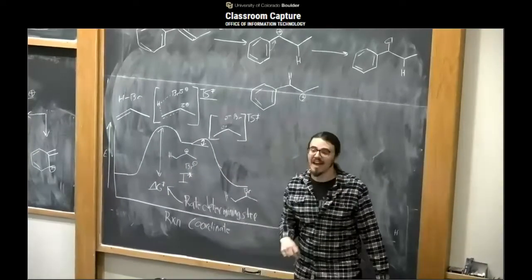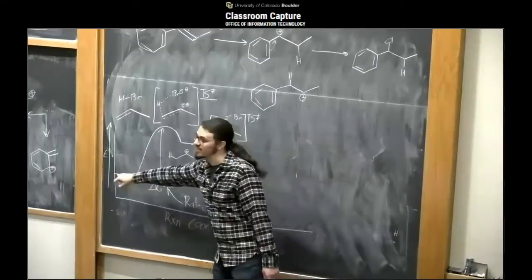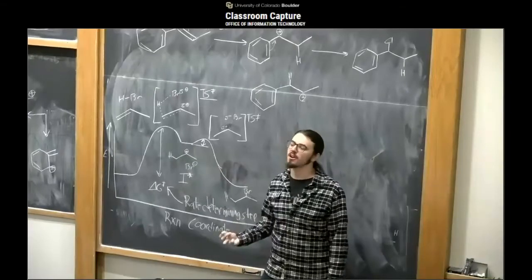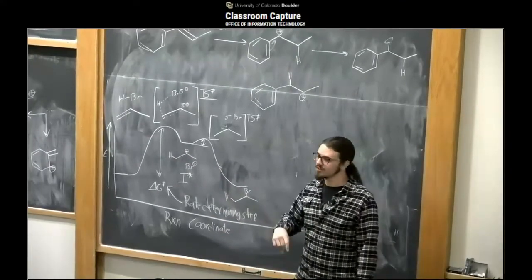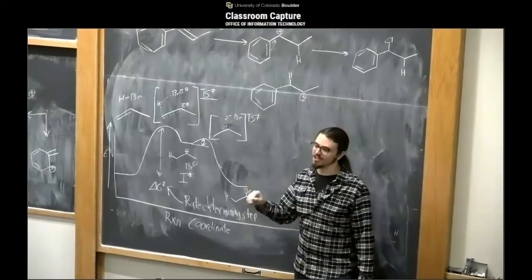So when you're thinking about the actual rate for this entire reaction, it is more or less governed by just the rate of the first step. Because the barrier for the second step is so much smaller than the barrier for the first step, the second step is going to happen a lot faster. So we only really care about, as far as the rate of the reaction goes, the first step in the reaction for these.